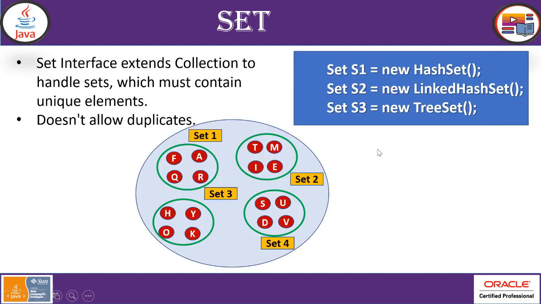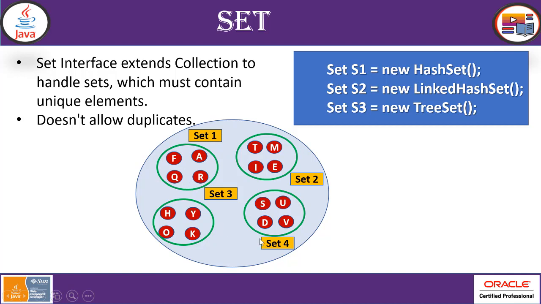Set interface extends collection to handle sets which must contain unique elements, and that means this doesn't allow duplicates. As you can see here, we have a collection of objects in a circle, and they have further alphabets, and all these alphabets are grouped together in the set form like set 1, set 2, set 3, set 4.